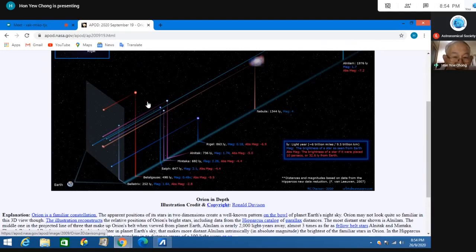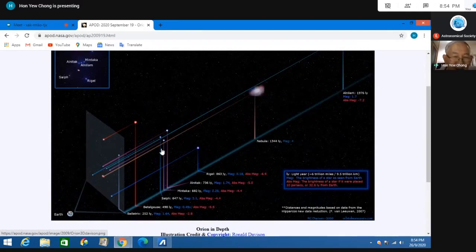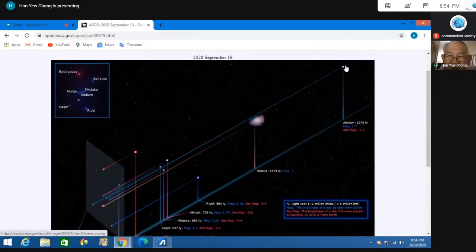The furthest one is right in the center of the 3 stars, Alnilam. Ooh. Alnilam is 1,976 light years away. Because Alnilam is so far away, its apparent magnitude is 1.7, but its absolute magnitude, which shows how bright it actually is, is minus 7.2.